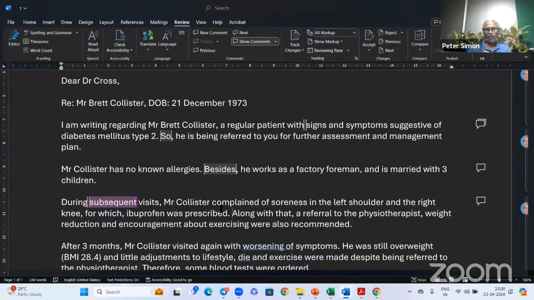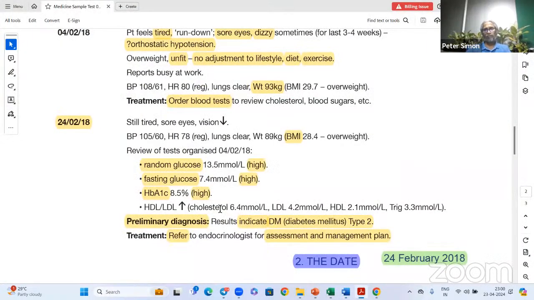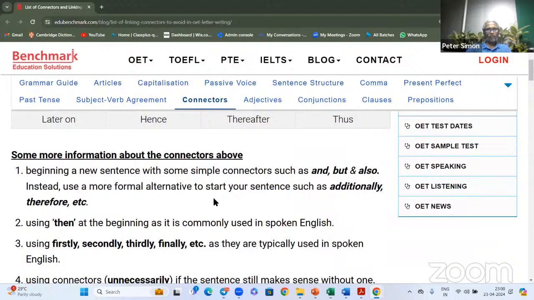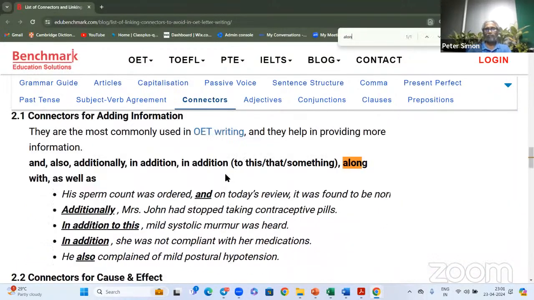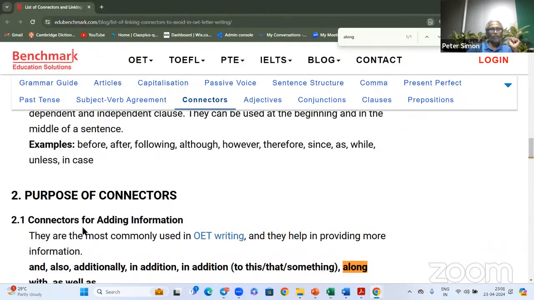Along with that, along with, so you can use connectors for adding information.